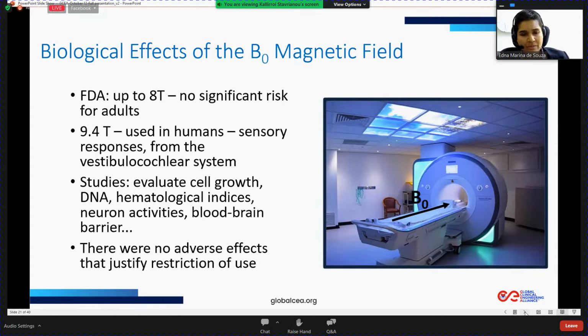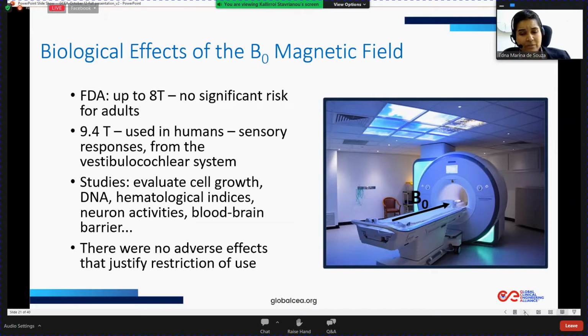According to the FDA, for fields up to 18T, there is no significant risk for adults. For 9.4T, we can observe some sensory responses. But nowadays, there are many studies evaluating cell growth patterns, DNA integrity, and other physiological parameters.